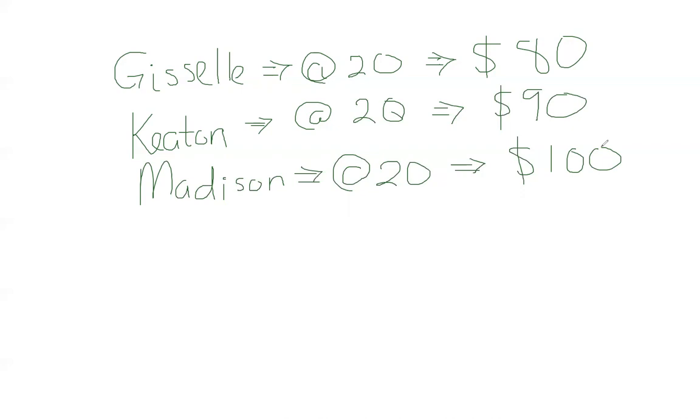Okay. Now, the next question is looking at the marginal social cost when the total number of rides is 30. So in other words, how many rides is society willing to offer or sell?